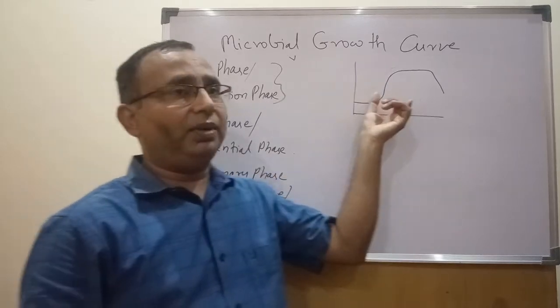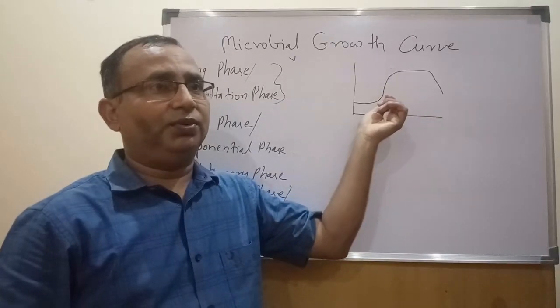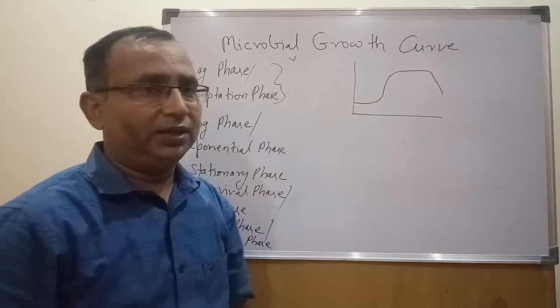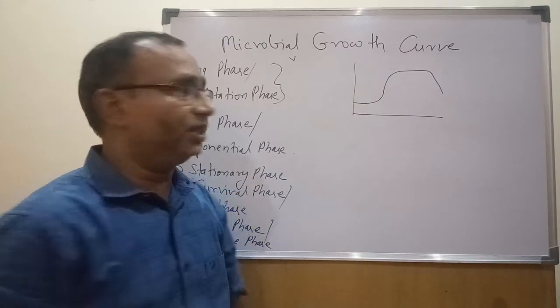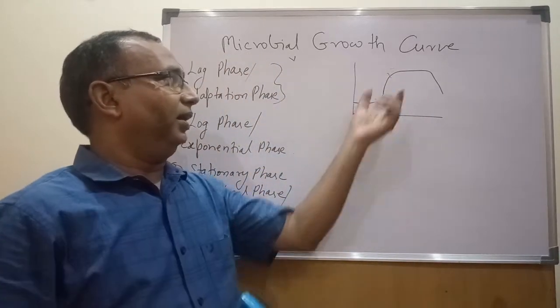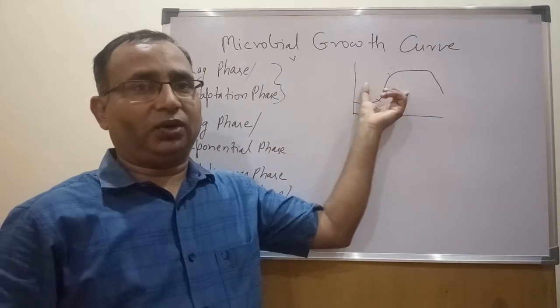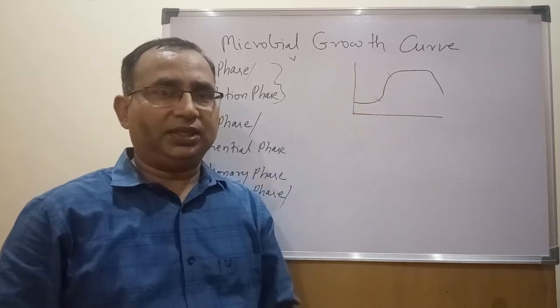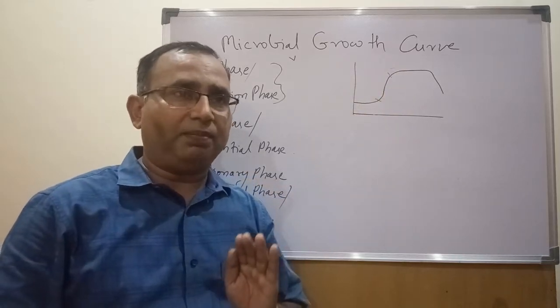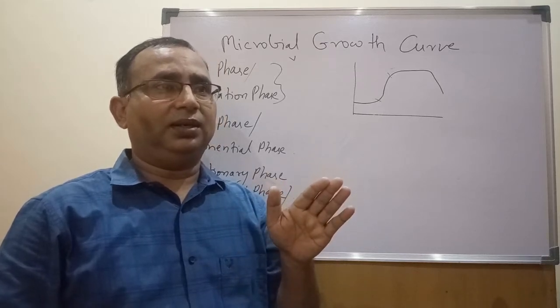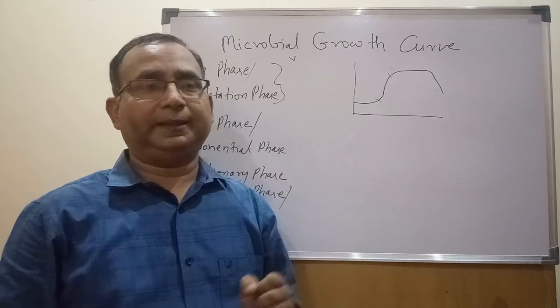The duration when microbial population is increased due to division of the microbial cell results into generation of a phase, and that phase is called exponential phase or log phase. Why is it called log phase? Because the total number of microbial population increases as per the logarithmic pattern.